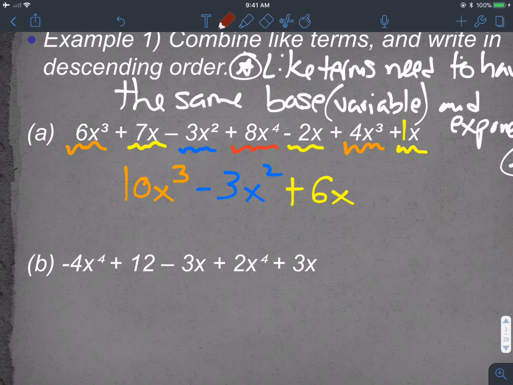Notice also that I'm putting it in the right order. 1 apple, 1 blueberry. Why are you putting the 8x? It should be first. Exactly why. The exponent is how it's going in order. So it has to be in the highest order of degree, right? Fourth power, third power, squared, x.